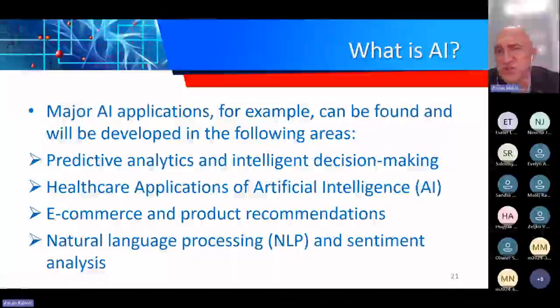Some of the major areas in which we can apply artificial intelligence are, as I already mentioned, healthcare applications, so different medical processes can be supported by AI tools. Then predictive analytics, so the analysis of a lot of data and making predictions and decisions based on the analysis of all this data that we have.